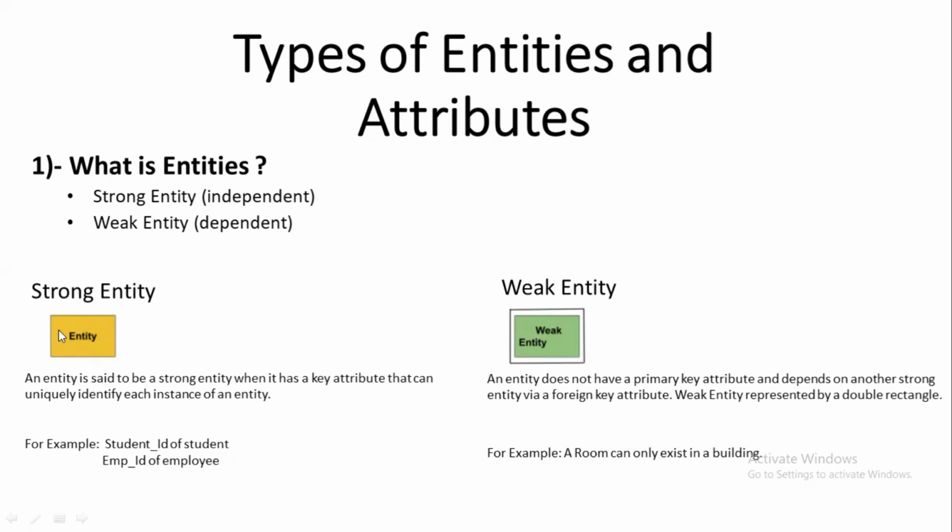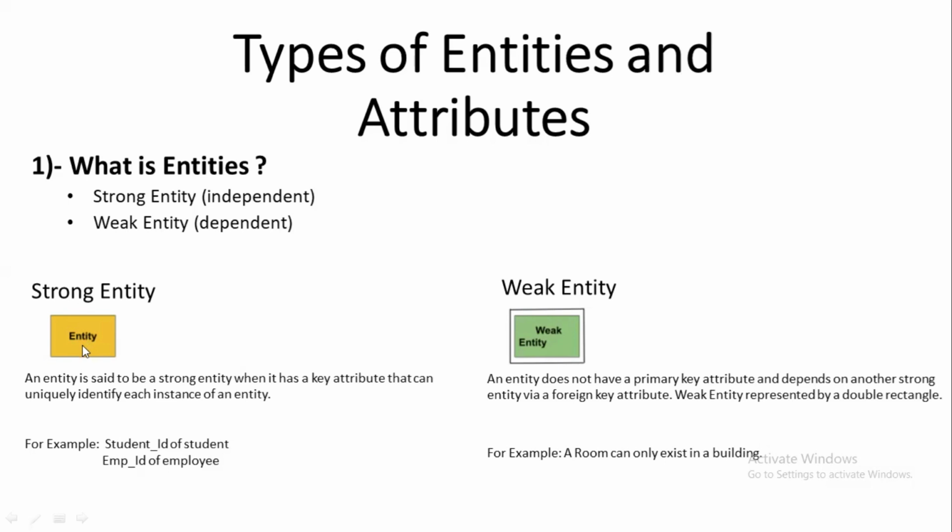Someone may ask, what is the difference between a strong entity and a weak entity? An entity is said to be a strong entity when it has a key attribute that can uniquely identify each instance of the entity. The strong entity does not depend upon any other entity for its existence in the database schema.